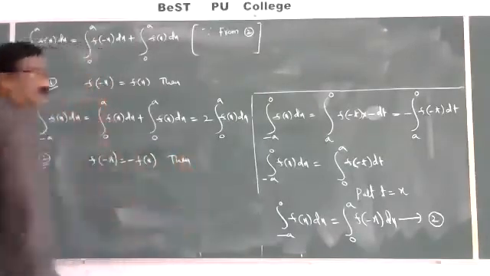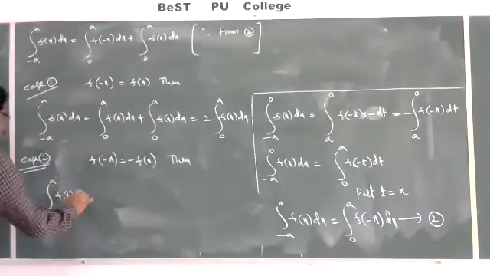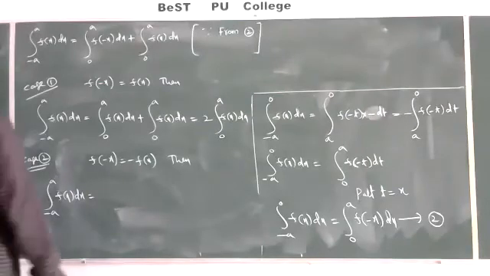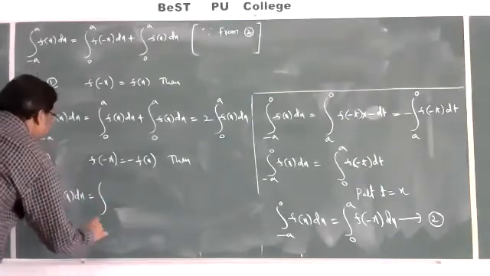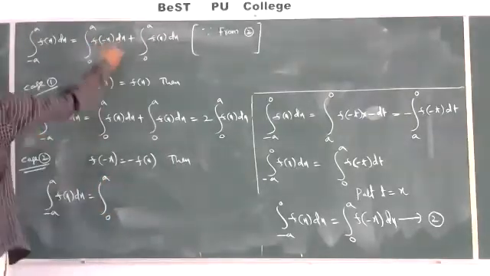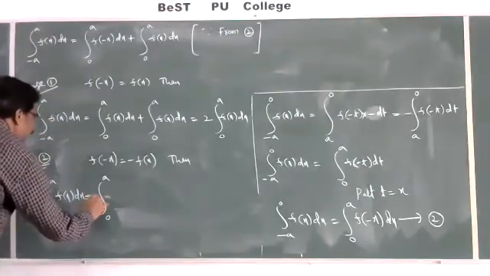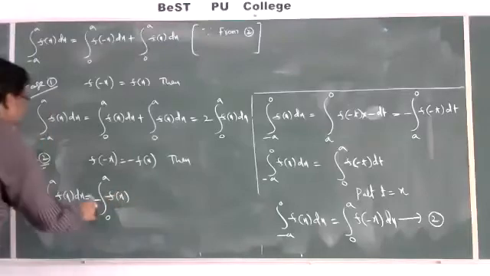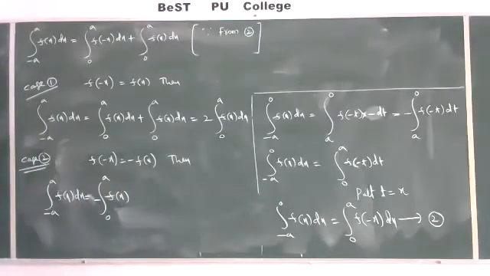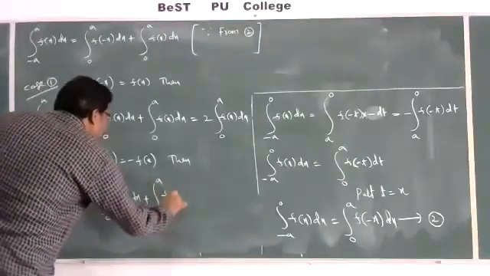Then the integral from minus a to a of f of x dx is equal to the integral from 0 to a of f of minus x, which is minus f of x. You write the minus directly outside: minus f of x dx, plus the integral from 0 to a of f of x dx.